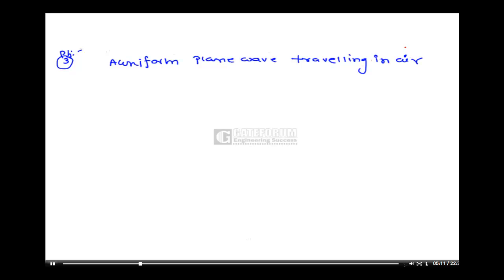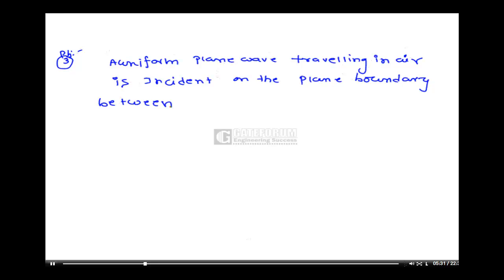Next problem is problem number 3. A uniform plane wave traveling in air is incident on the plane boundary between air and another dielectric medium with epsilon r equal to 4.